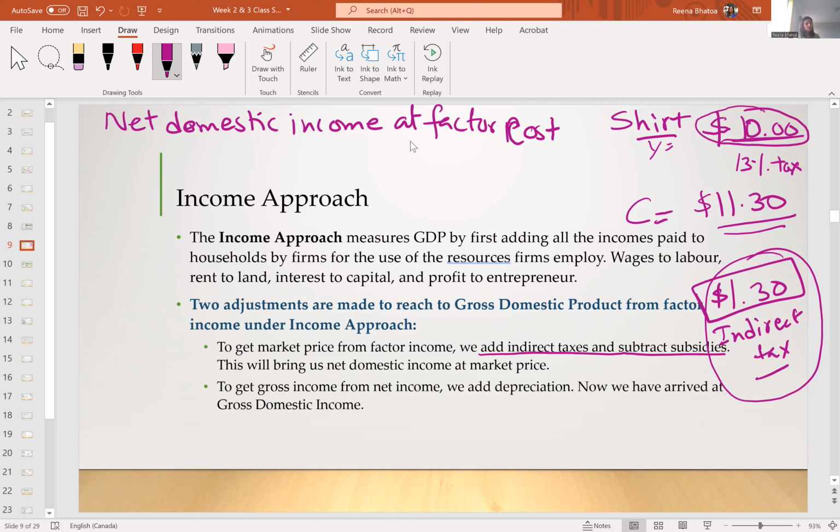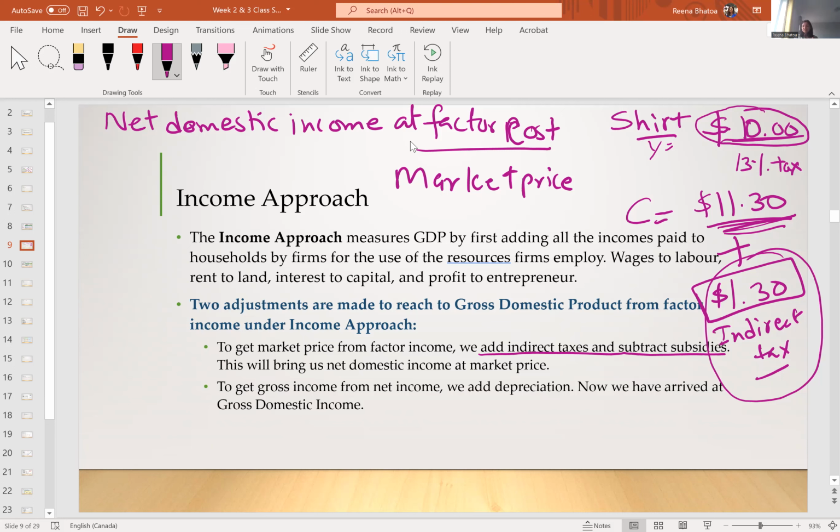To move from factor cost to market price, and what did you actually pay in the market? $11.30. We add taxes to our $10, right? It's just an example to explain why we add indirect taxes using the income approach.